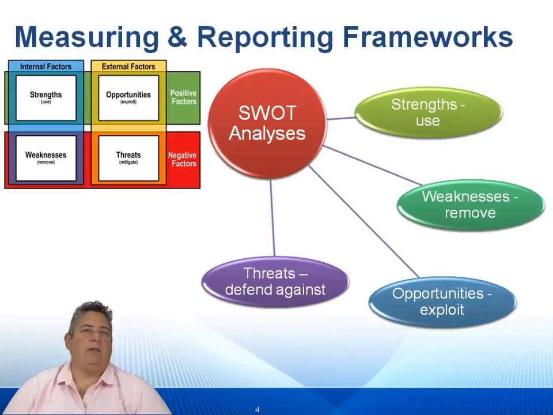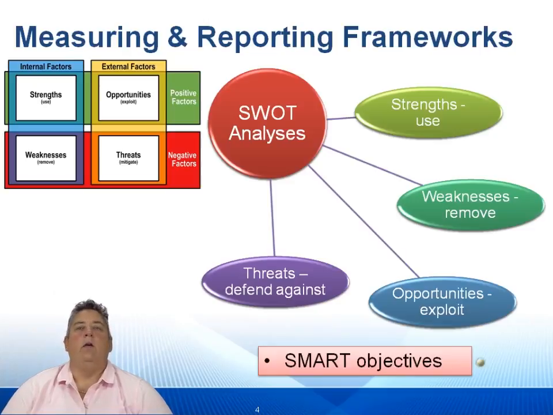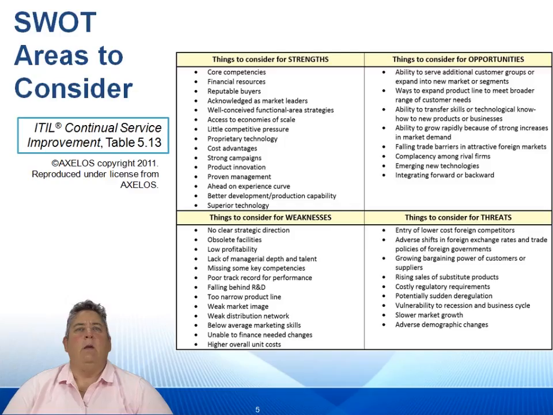When you start thinking about these different factors, you're probably thinking, gosh, what would be an example? Well, excellent question. First of all, we would want to make sure that whatever we put in there, we have SMART objectives. Remember this: specific, measurable, achievable, reliable, or realistic, and timely. But here's some example areas to consider in a SWOT analysis.